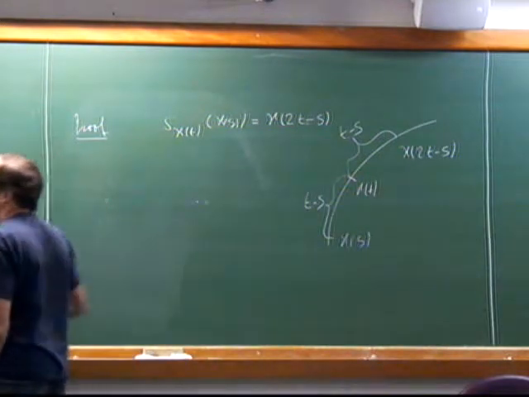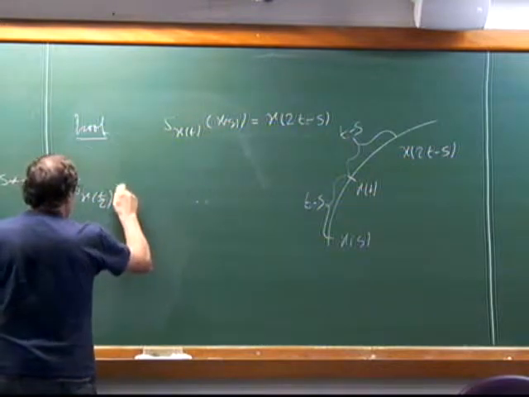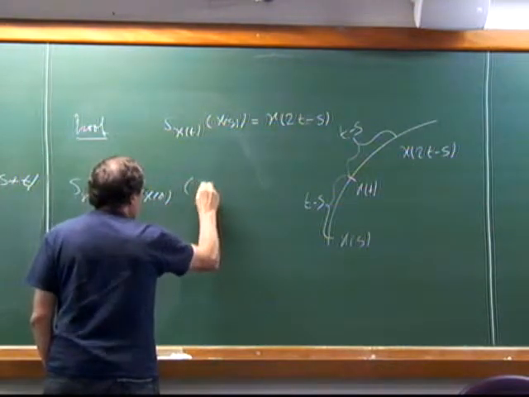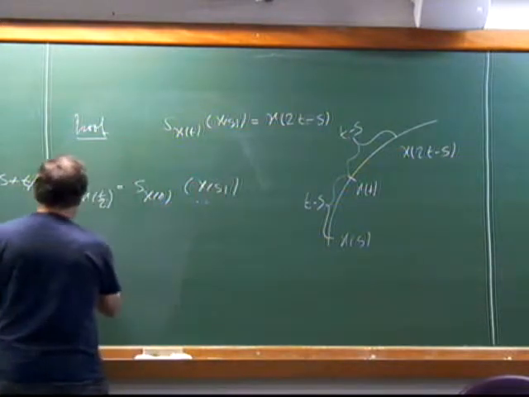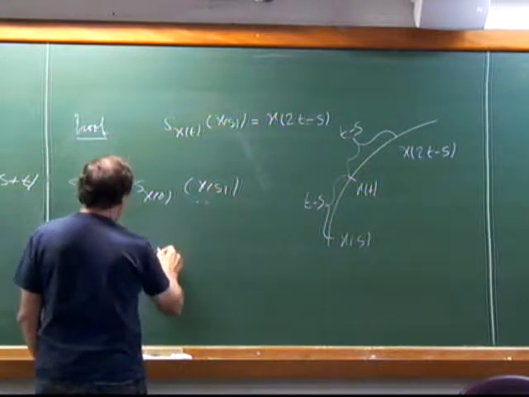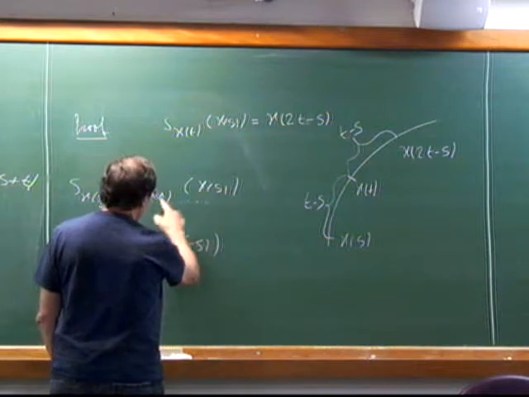So if I look at this composition, S gamma of t over 2 composed with S gamma of 0, and apply this to gamma of s, S gamma 0 takes it to gamma of minus s. Just reflect around 0.